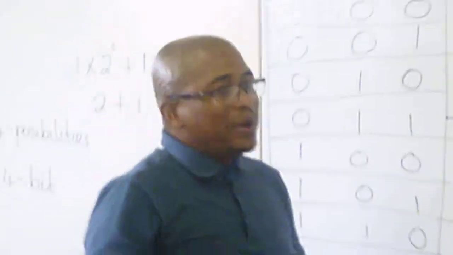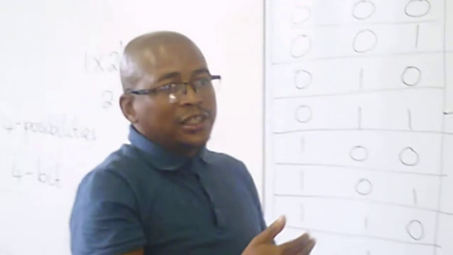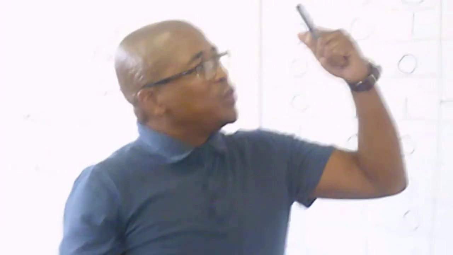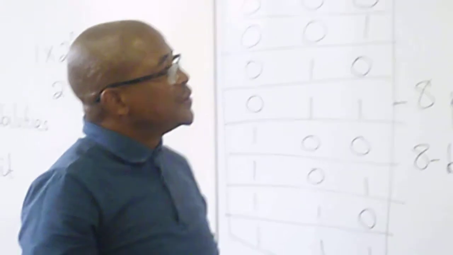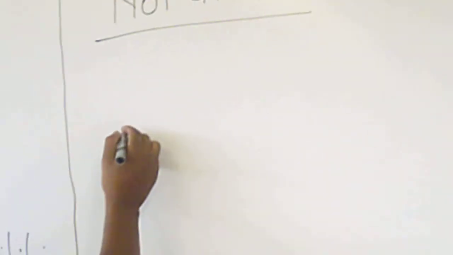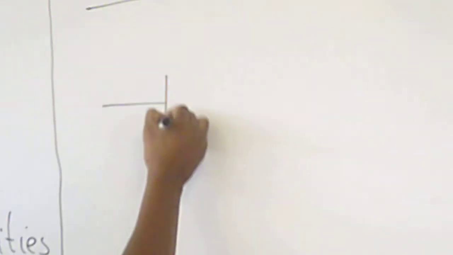It is called a NOT gate simply because whatever you put in is not going to be what you get out. Practically inside an IC, it looks like this.